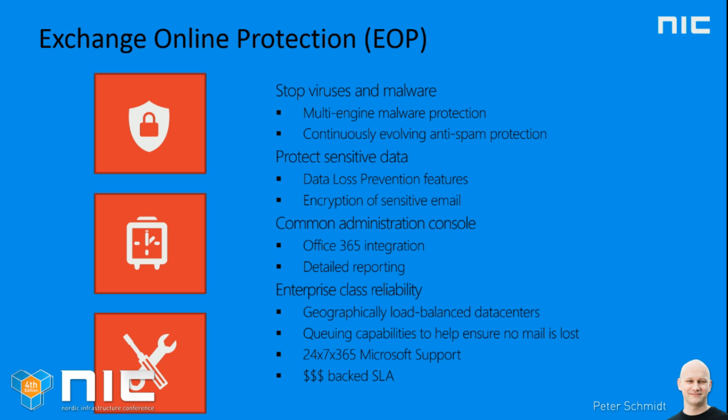As mentioned before, it's tightly integrated into Office 365, so it's the same portal we enter, and depending on what you have licensed, you have access to Exchange Online Protection and maybe some of the other features in Office 365.